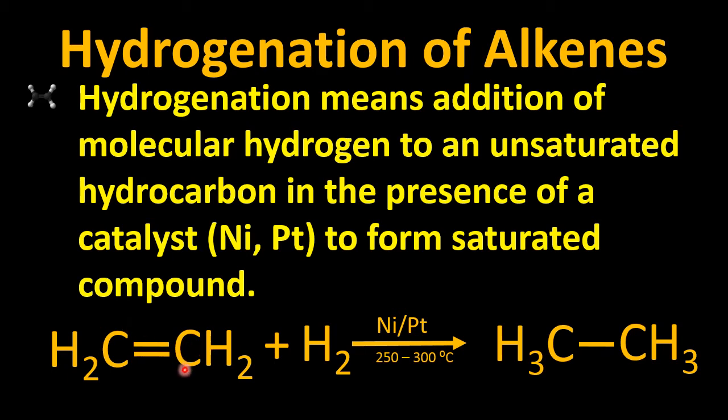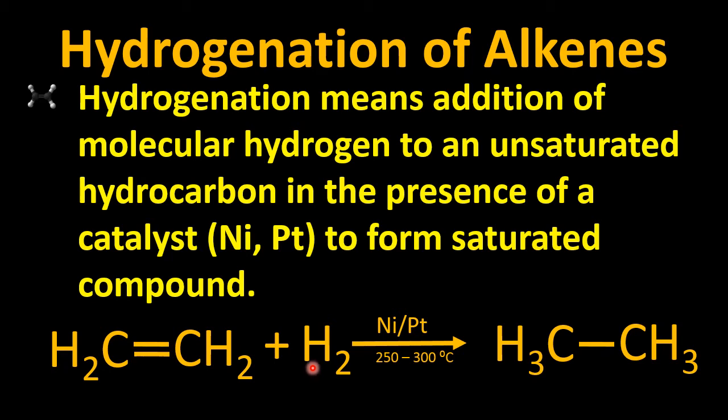Similarly, carbon number 2 will also have its free electron because this second bond, the pi bond, is broken. These free electrons will form a bond with hydrogen. These two hydrogen atoms are linked together by a single bond, and this will break.